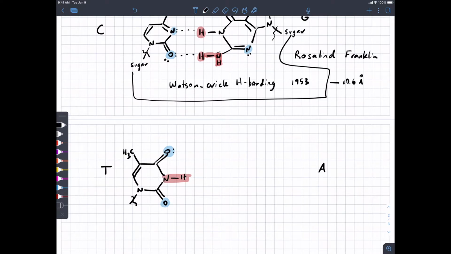And then on the other side, you've got the adenine NH group, the exocyclic amino group of adenine. Then you have the ring nitrogen.